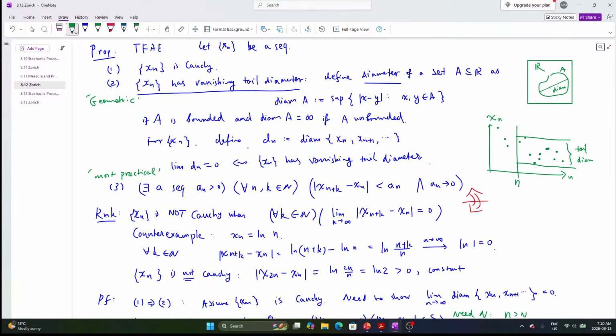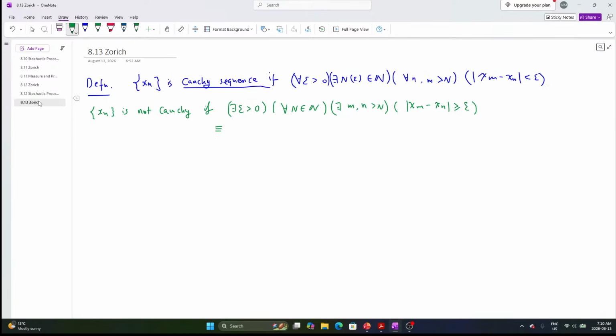First of all, diameter is always non-negative, so if it has a non-zero lower bound, it will never tend to zero. So that's it. There exists epsilon, that's the non-zero lower bound for the tail diameter. So that's basically the negated statement.